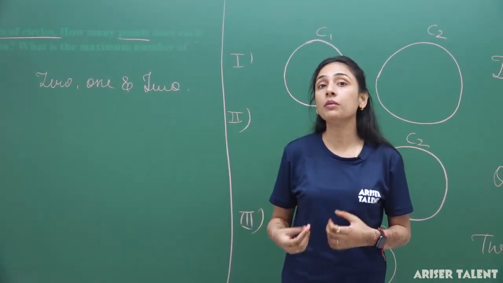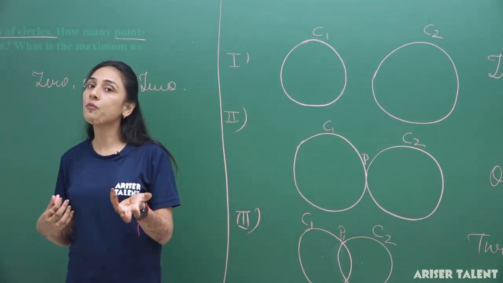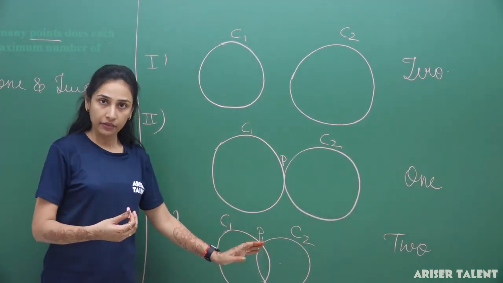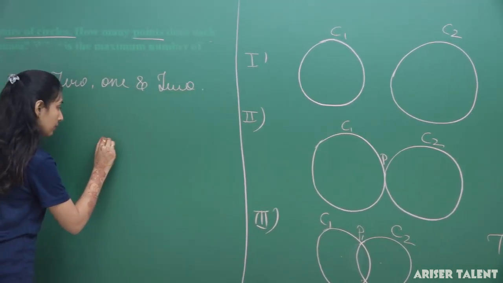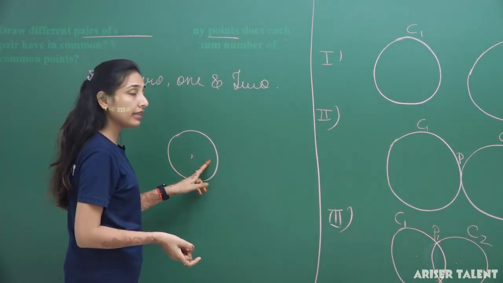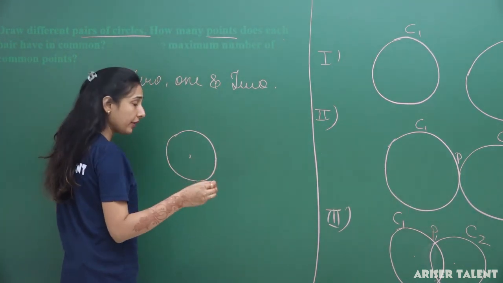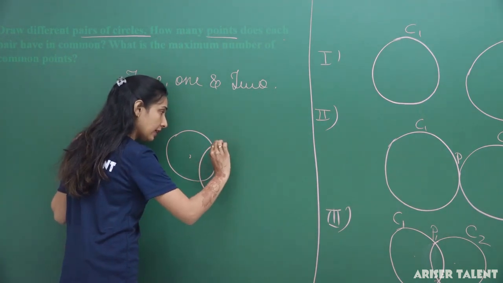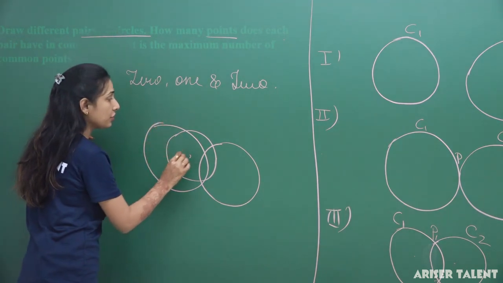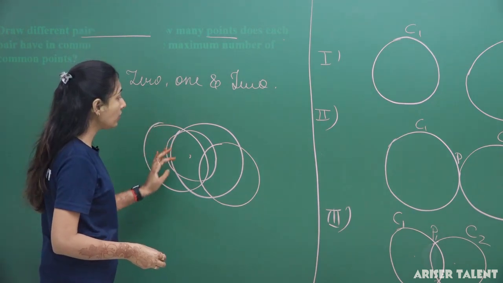What will be the maximum number of common points when two circles have common points? Students, if this is the condition, we can take some more examples. If this is one circle and another circle intersects it at a point, maybe it will touch, then there will be only one point. If it intersects completely, that can be the situation.